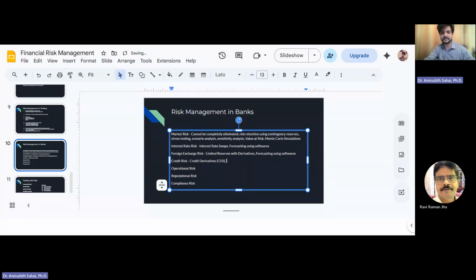Plus, you can reduce the risk by evaluation of borrowers' capability and balance sheet.